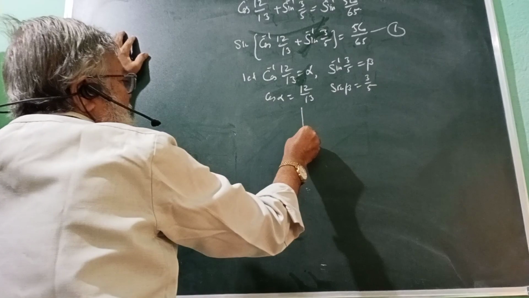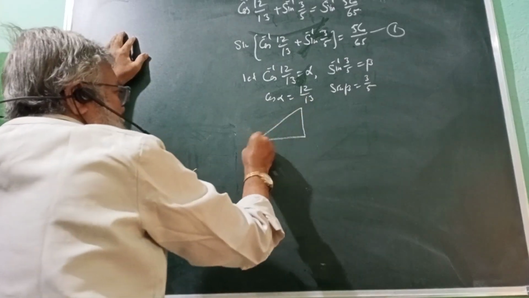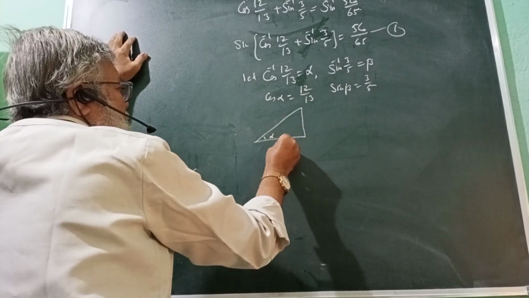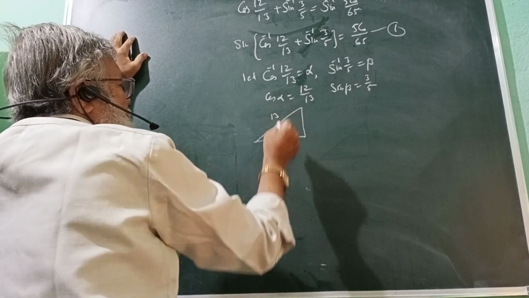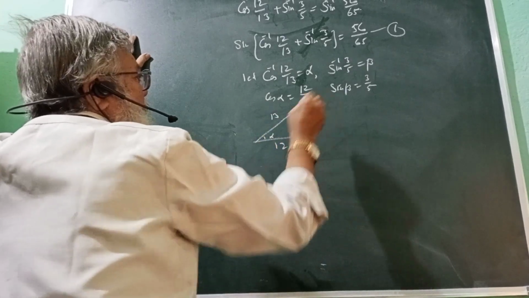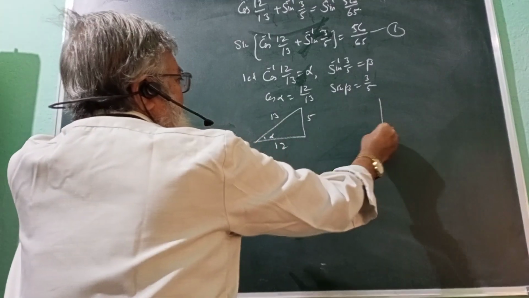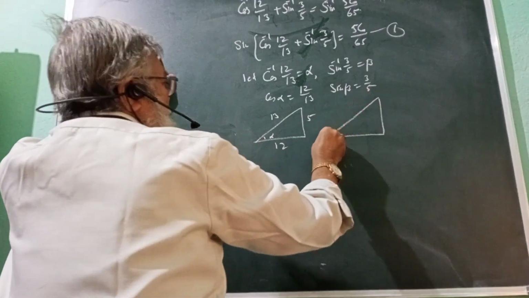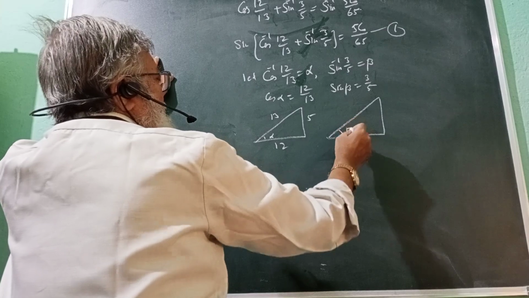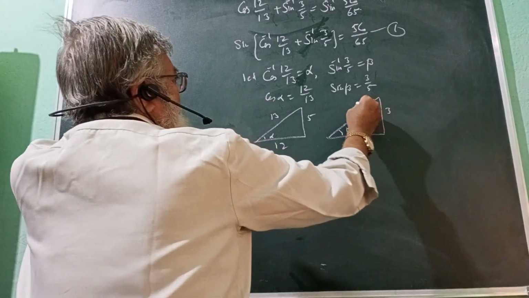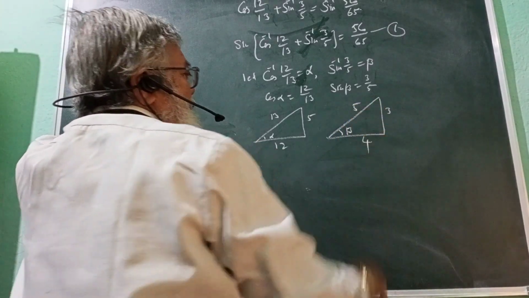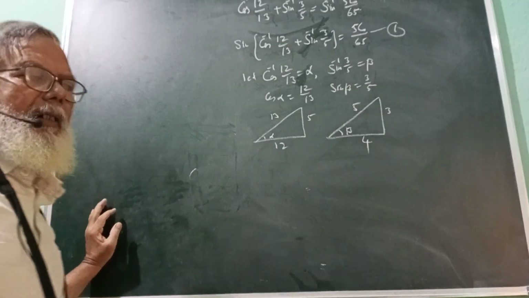Let us draw the triangle of alpha here, adjacent side by hypotenuse. By Pythagoras theorem, it will be equal to 5. And here you see the beta triangle, opposite side by hypotenuse. By Pythagoras theorem, it will be 4.